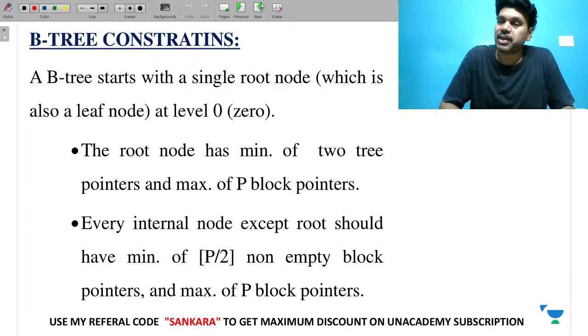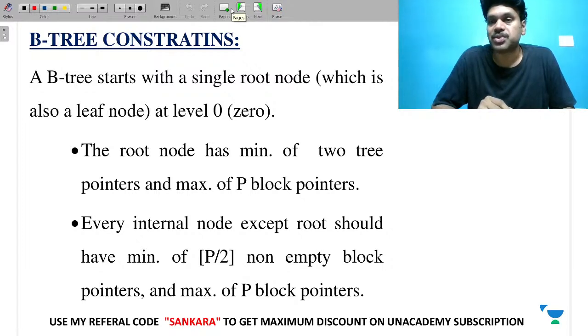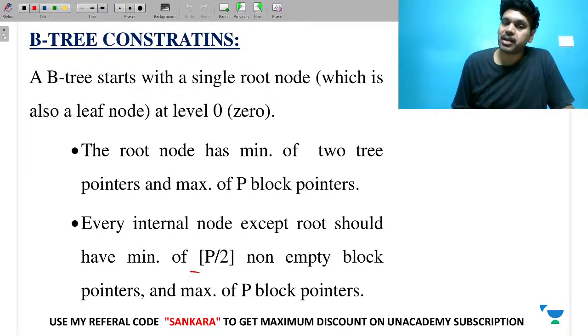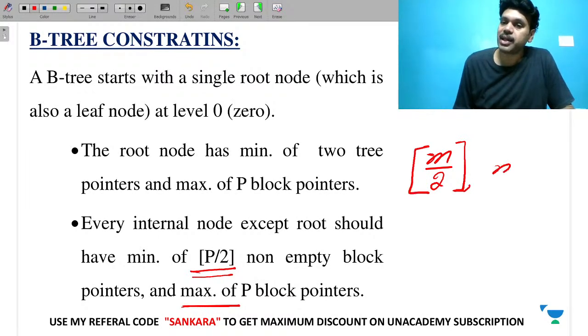So what are the B tree constraints? We have seen the B tree constraints are nothing but a root that starts with one node and can have m children, with a minimum of two children pointers. An internal node is supposed to maintain a minimum block factor and a maximum block factor. The minimum block factor is the ceiling of m by 2 and the maximum block factor is m.